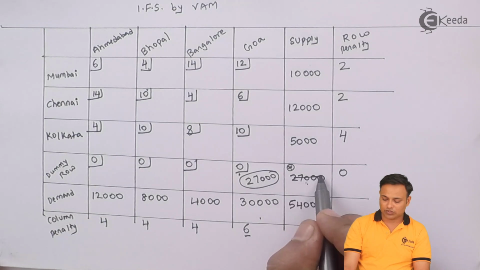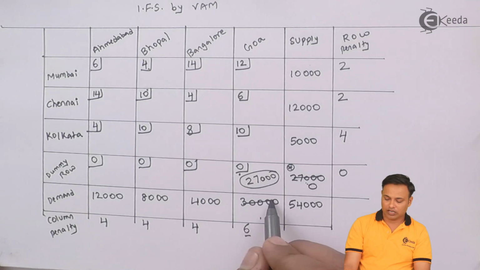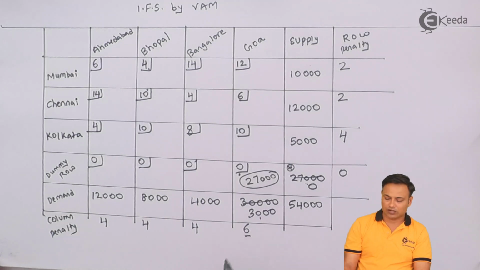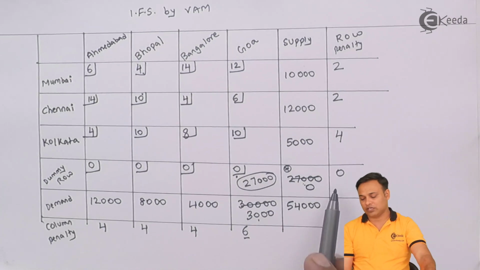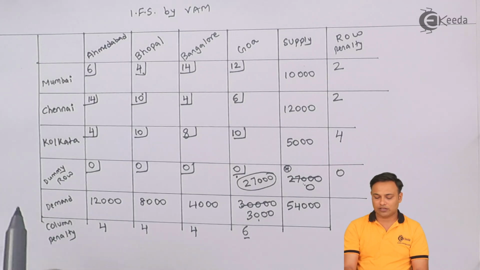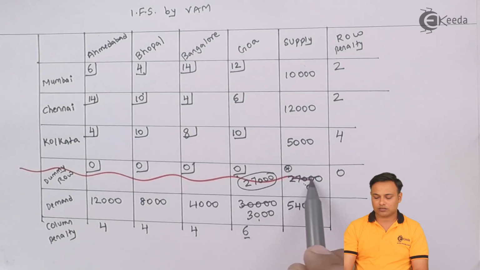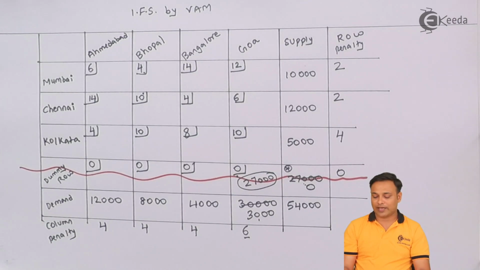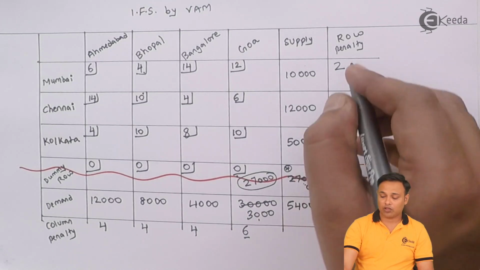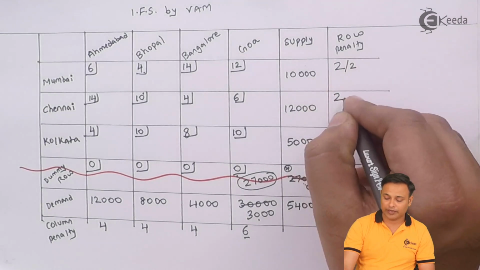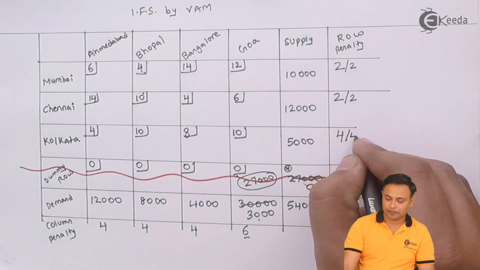So 27 minus 27, 0. 30 minus 27, 3,000. Since I got a 0 here, I will cancel this particular row. Since I cancel the row, my row penalties shall remain same.